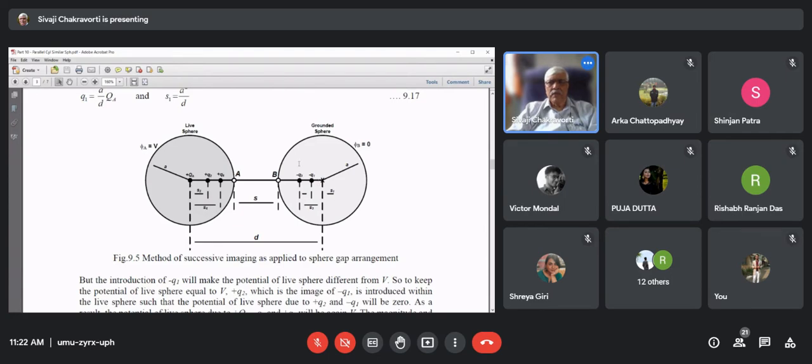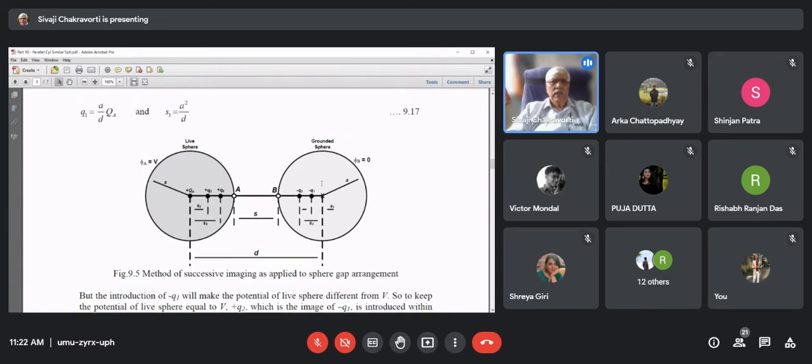But now I have a grounded sphere. So I have to make the potential of the grounded sphere 0. Now if I take only plus QA, then the potential of this grounded sphere surface will not be 0. So as per our previous discussion, we take an image minus Q1 at a certain distance S1 from the center of the grounded sphere.